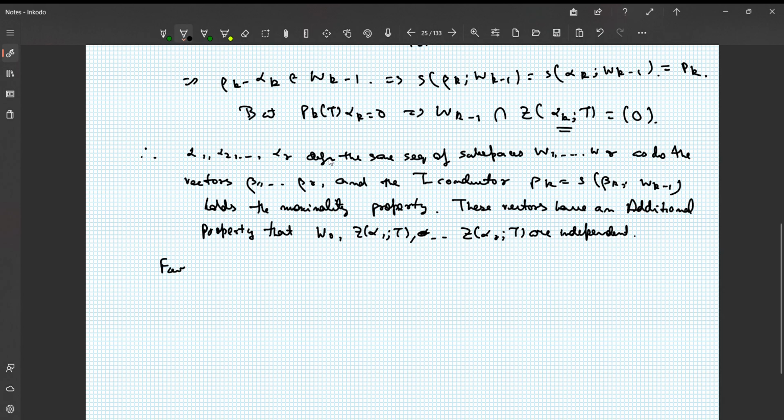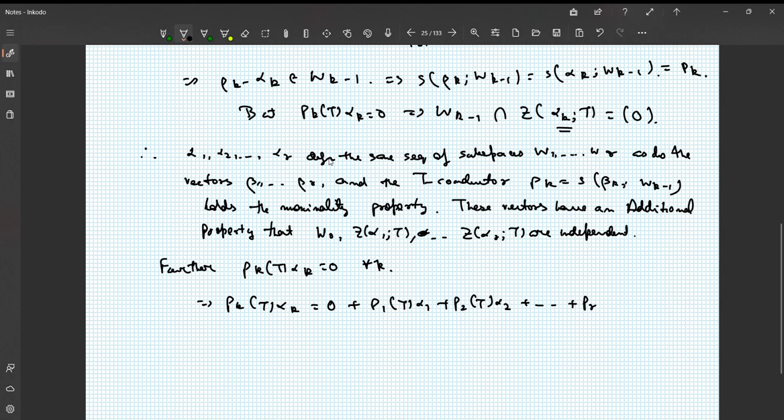Now we already have this fact that pk of alpha k is 0. That happens for all k. Further, pk(T) of pk(T) of alpha k is 0 for all k. Therefore, just equating zeros on both sides, we can write pk(T) of alpha k as 0 plus p1(T) of alpha 1 plus p2(T) of alpha 2 and so on till p(k minus 1)(T) of alpha k minus 1. Right?